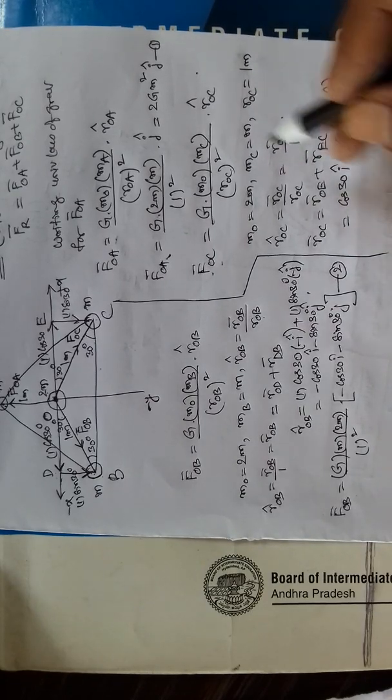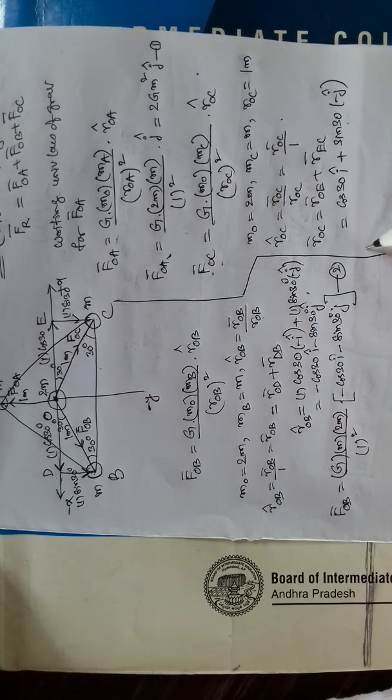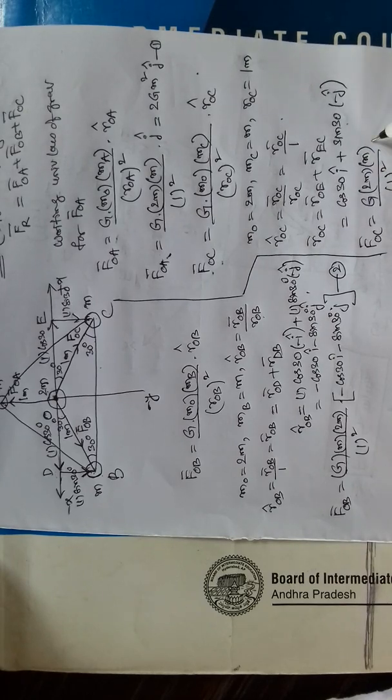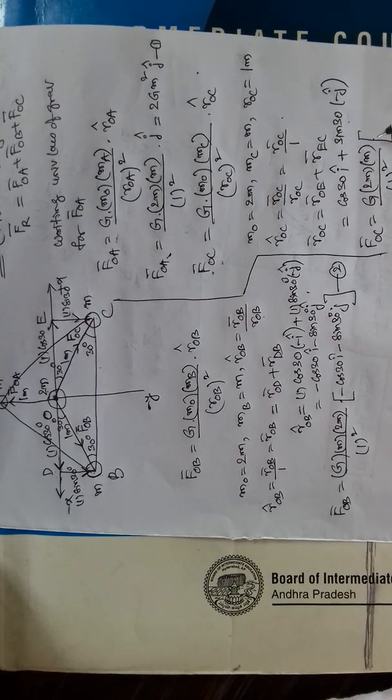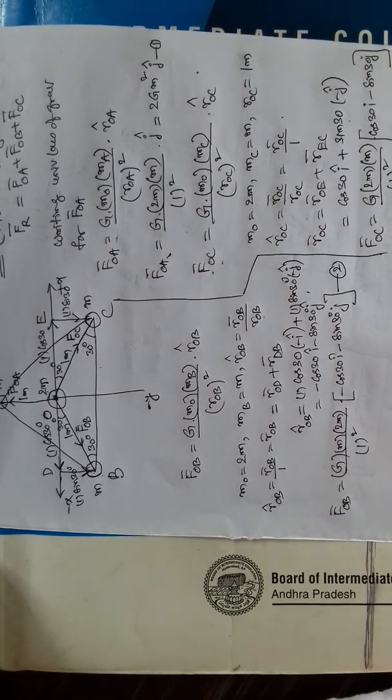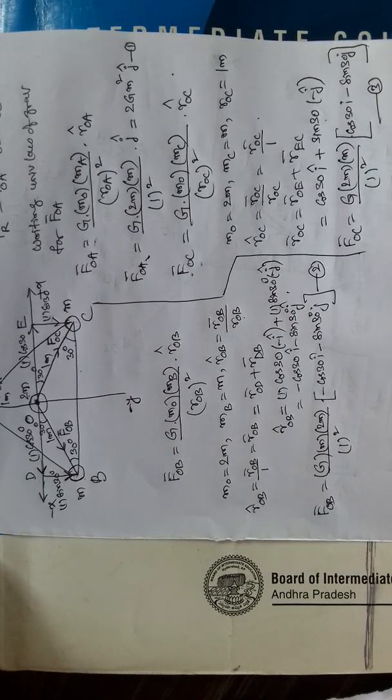Substituting these values in this equation, we get capital G 2m into m by 1 square into cos 30 i minus sin 30 j. This is the third equation.